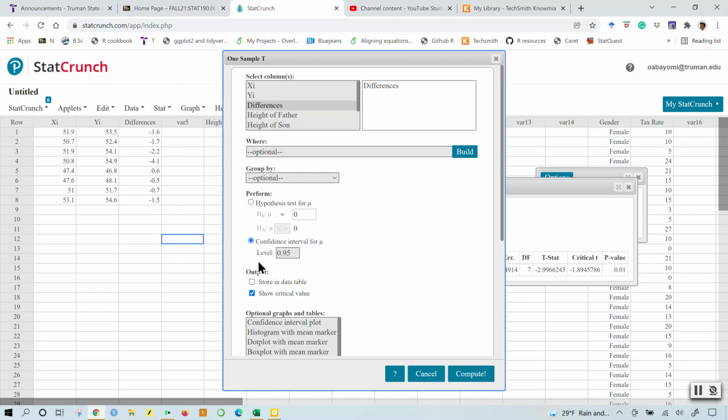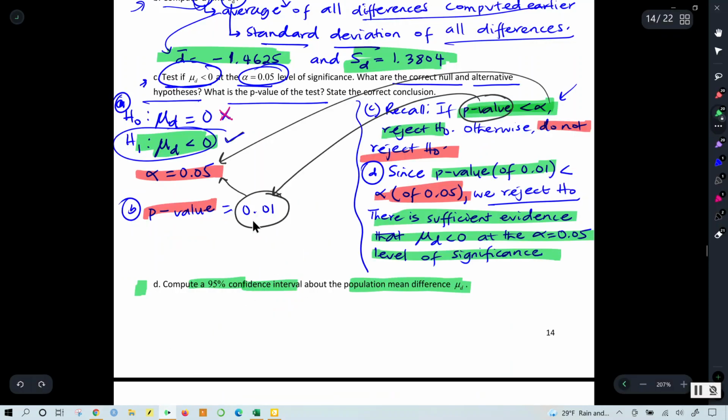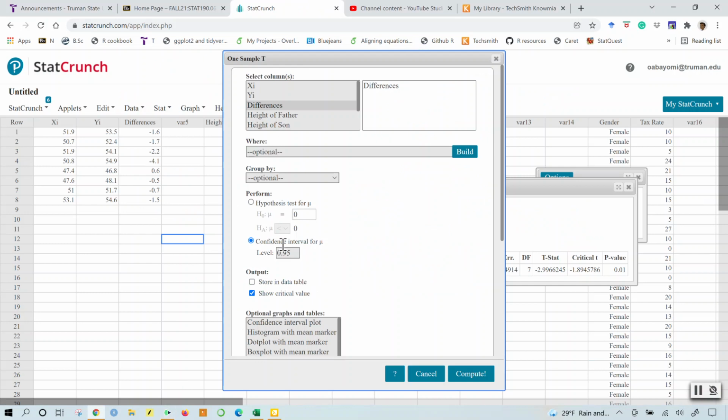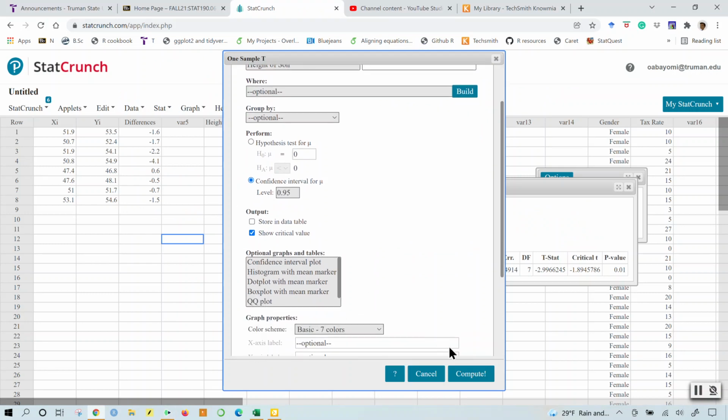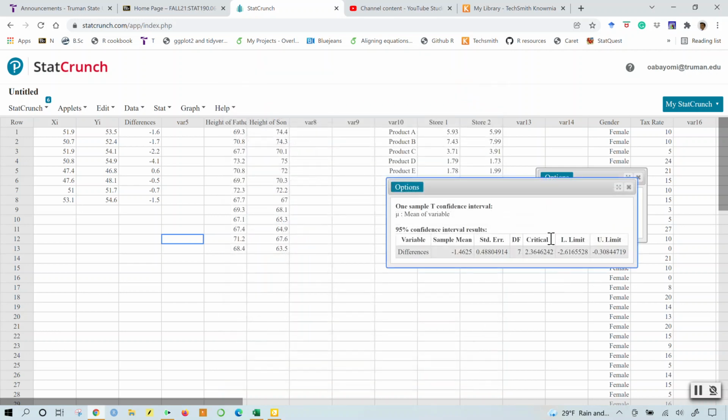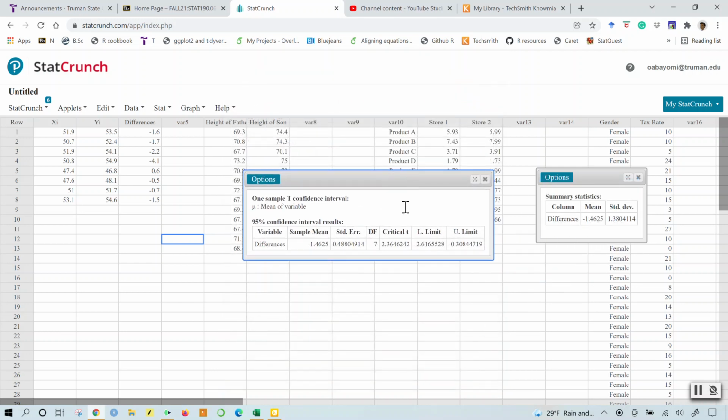So what we do is make sure that the level of your test, if our alpha is 0.05, then the confidence level is 1 minus alpha, which is 0.95. So in this case, we're set here, 0.95. Make sure it shows critical values, very good, and then compute. And so in this case, the lower limit is negative 2.6165 and upper limit is negative 0.3084.